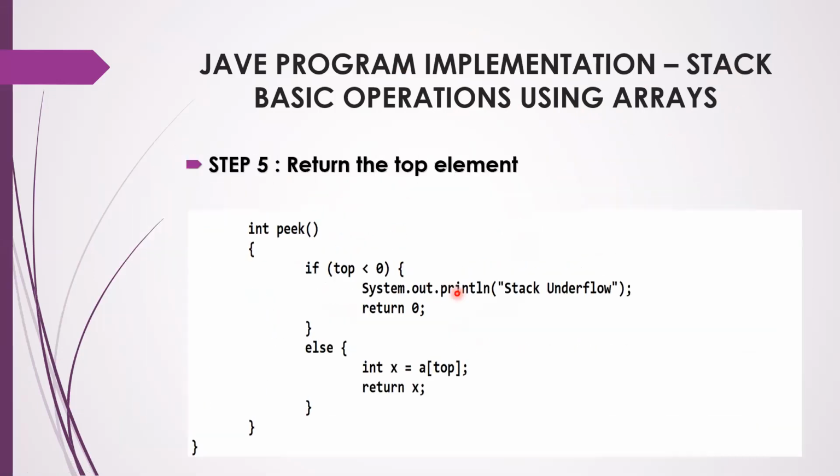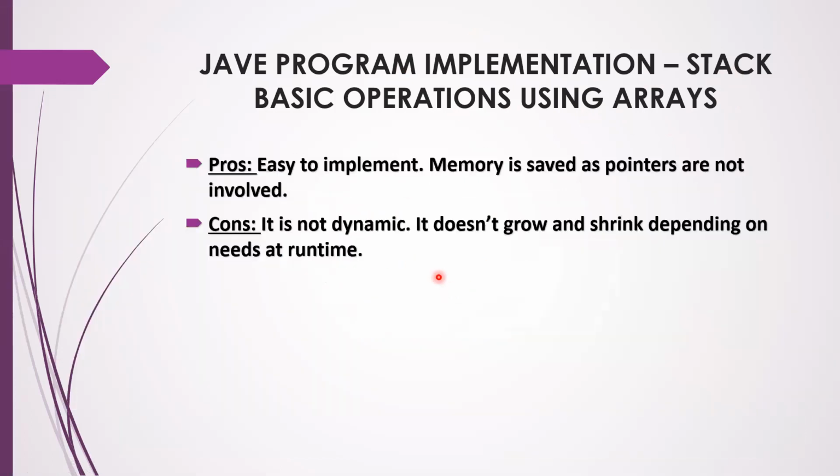It's very static because we are using array. So it does not grow or shrink depending on needs at runtime. It is like a compile time program because we have used arrays. So this is the advantage and the disadvantage of implementing stack operations using arrays.